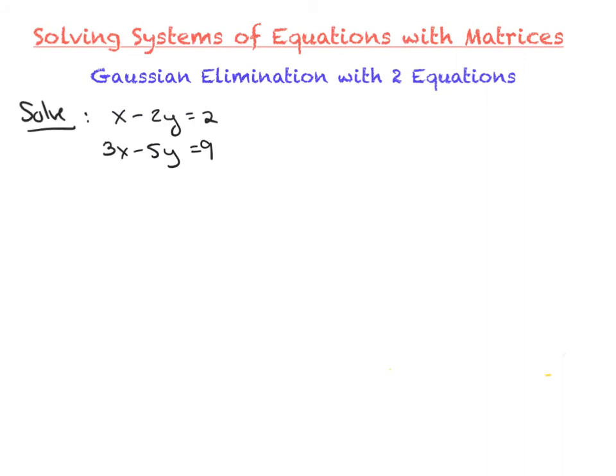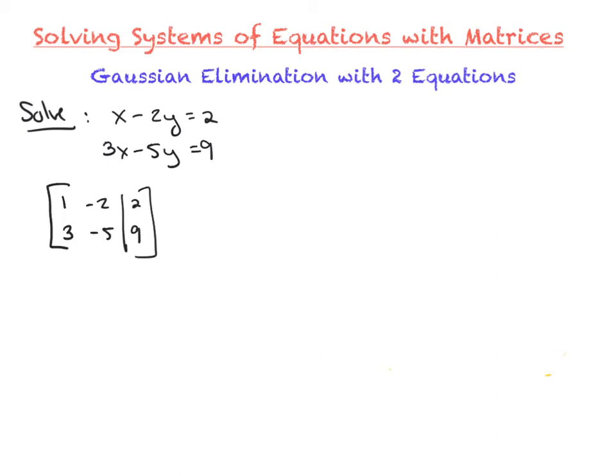Okay, first step is to put this into a matrix form. So writing our matrix as our coefficients, we have the coefficients of the first equation are 1, negative 2, 2. And the coefficients of the second equation are 3, negative 5, 9.